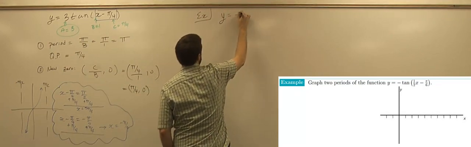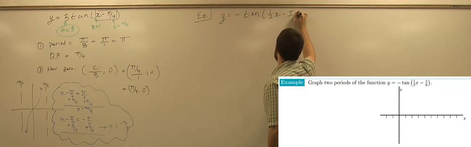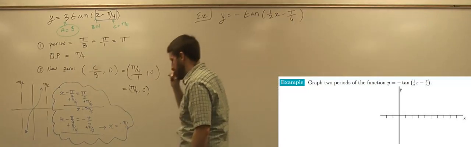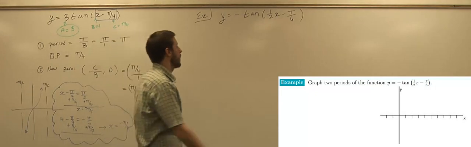So we want to graph y equals negative tangent of (1/2 x minus pi over 6).